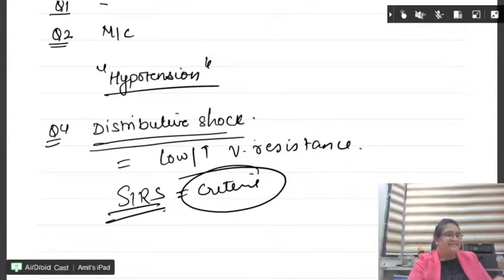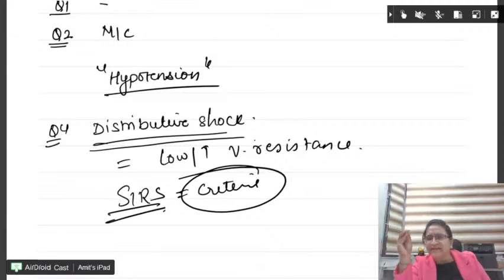Okay. Next. Do you know about the Apache score? Assessment of sepsis, Apache score. You don't have to know fully about Apache, just know the APACHE score, that is used for shock assessment, that earlier used to be used for shock, right?